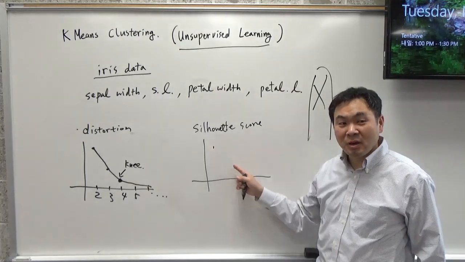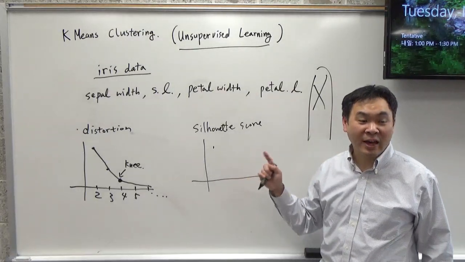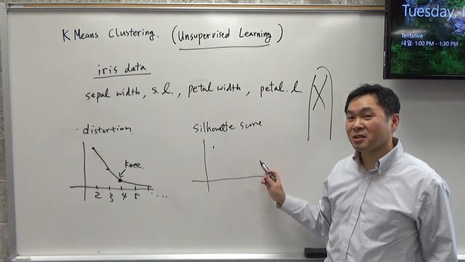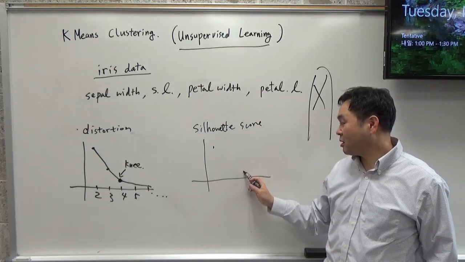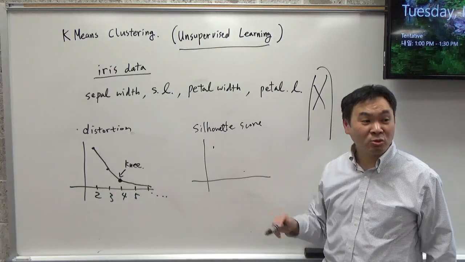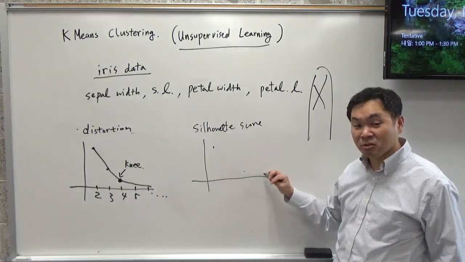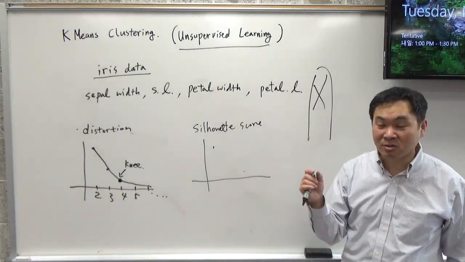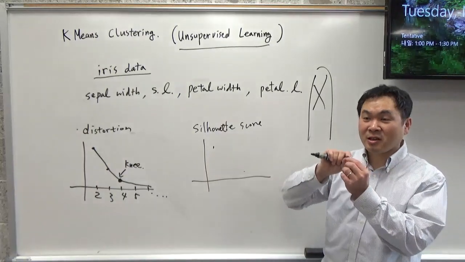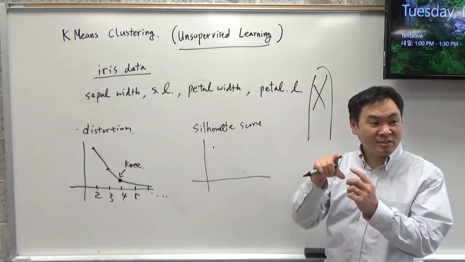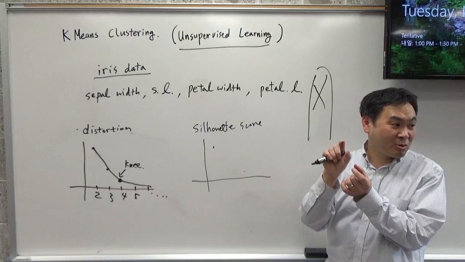It may go down, but it doesn't have to. I think eventually when you increase K to something really large, the silhouette score does get close to 0, just because the differences between groups and inside groups become quite small.